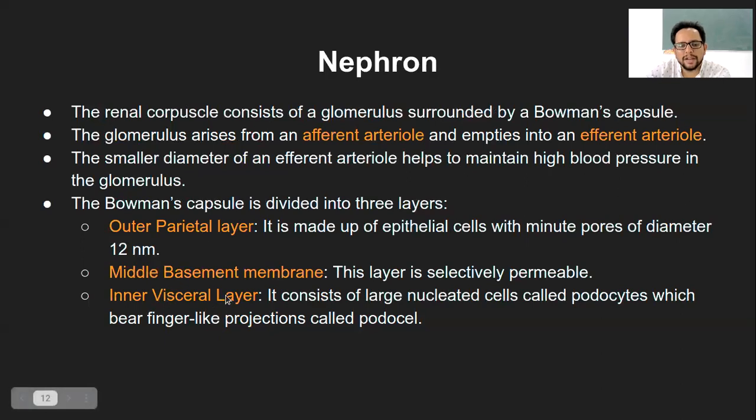So the inner visceral layer will capture everything that is coming out from the glomerulus. The middle basement membrane will allow it to pass through, and the outer parietal layer will finally either let them go out of the nephron structure, or continue to carry them in the nephron itself. So that way, these three layers are very, very important in the Bowman's capsule.